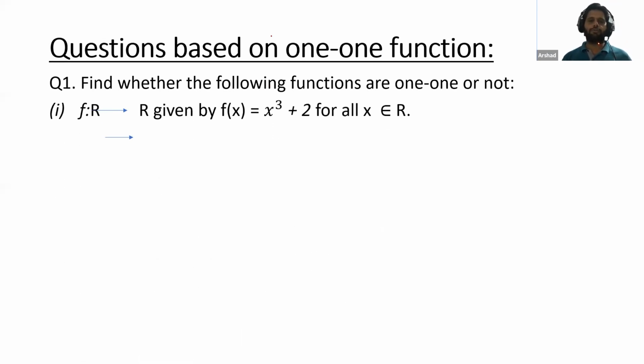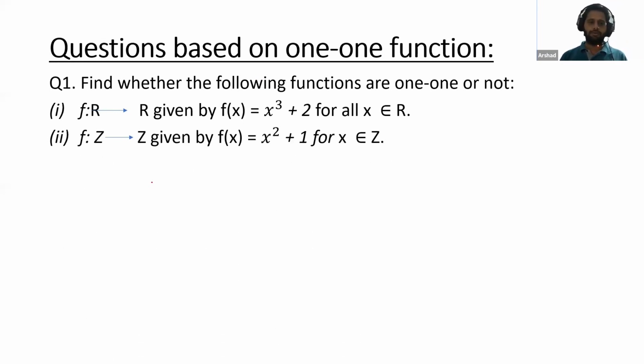one-one function. Okay, so this is the first question. I will show you the second also, so we need to complete these two questions. The first question is f: R to R given by f(x) = x cube plus 2 for all x belongs to R. We have this function, and in place of set A you have R, in place of set B you have R. So Josefa, what is R in this case?